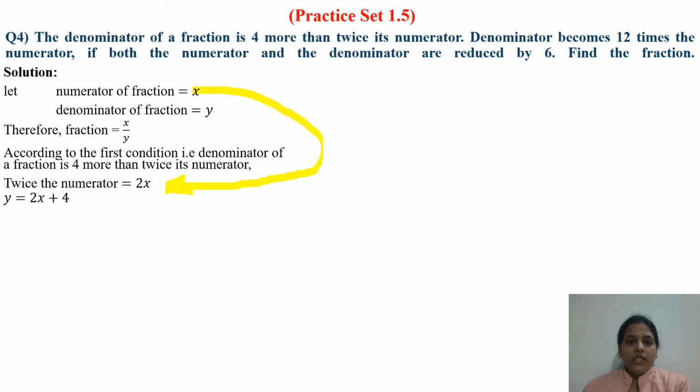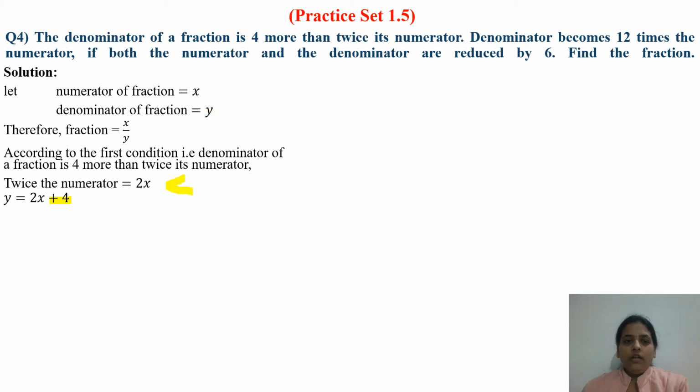The first condition given here is related to the denominator, which is y. Y is equal to 4 more than twice its numerator. First convert the numerator into twice its numerator, that is 2x, and it is 4 more, so we add 4 here. Therefore y is equal to 2x plus 4.